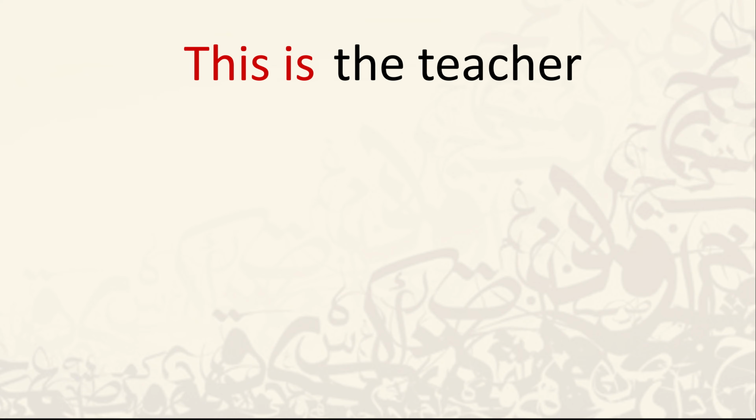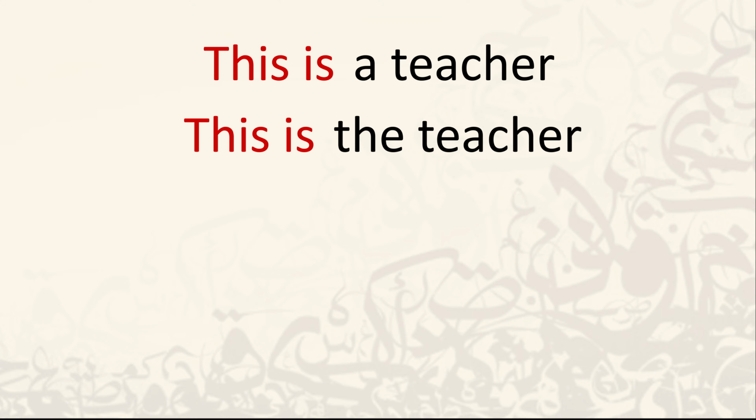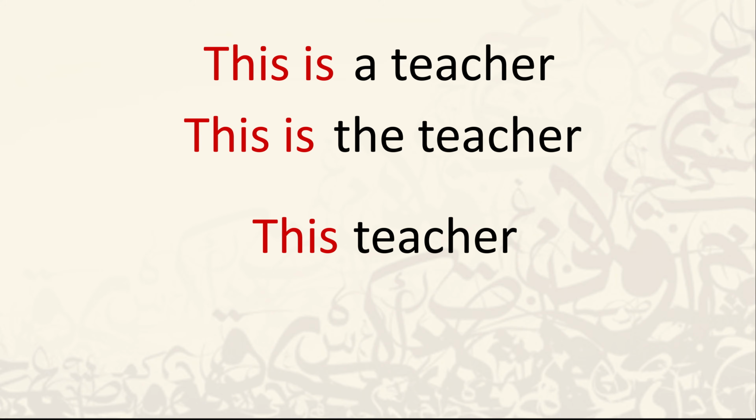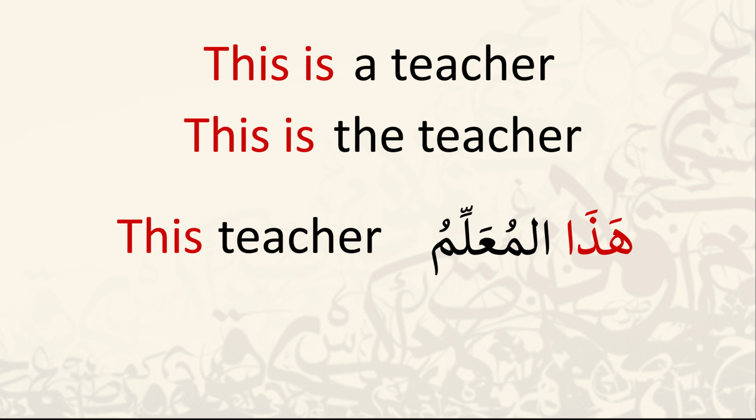And for the record, these 2 sentences are complete. Why? They have a full understandable meaning. Lastly, what if the demonstrative noun is used as an adjective, like saying in English, this teacher? In Arabic it is هذا المعلم, as we are talking about a specific teacher, and this is not a complete sentence.